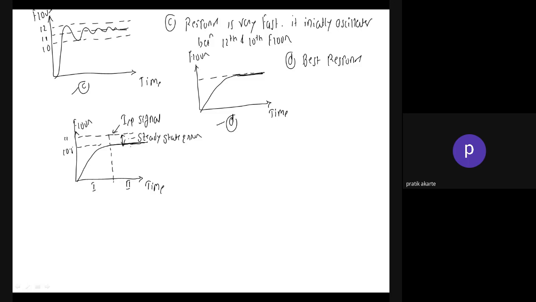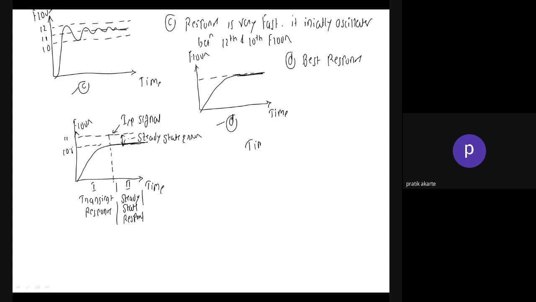This first part is called the transient response. And this second part is called the steady state response. So there are two types of responses in the time domain response.